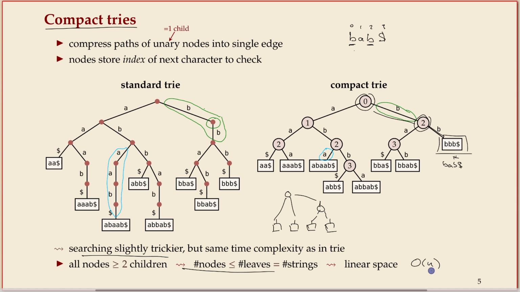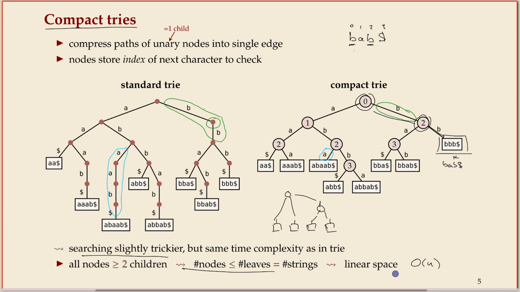Let me also briefly comment on what we have to store for each internal node. We have to store a number for the index. That's fine. That's a single word. And we may have to store all the outgoing edges. But we're assuming that the alphabet is fixed and small. So we can just list those all, and it remains linear.